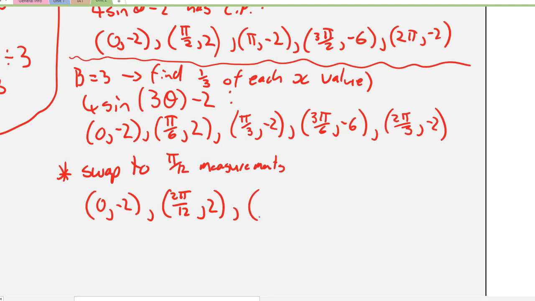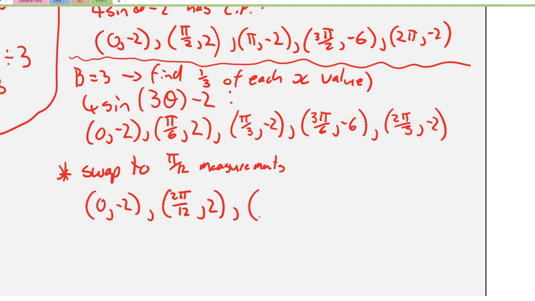Let's start with 2 pi on 12 and work backwards. Is there a common factor top and bottom? 2. So if we take a factor of 2 there, and a factor of 2 there, we're left with 6, like I say. Pi on 6.